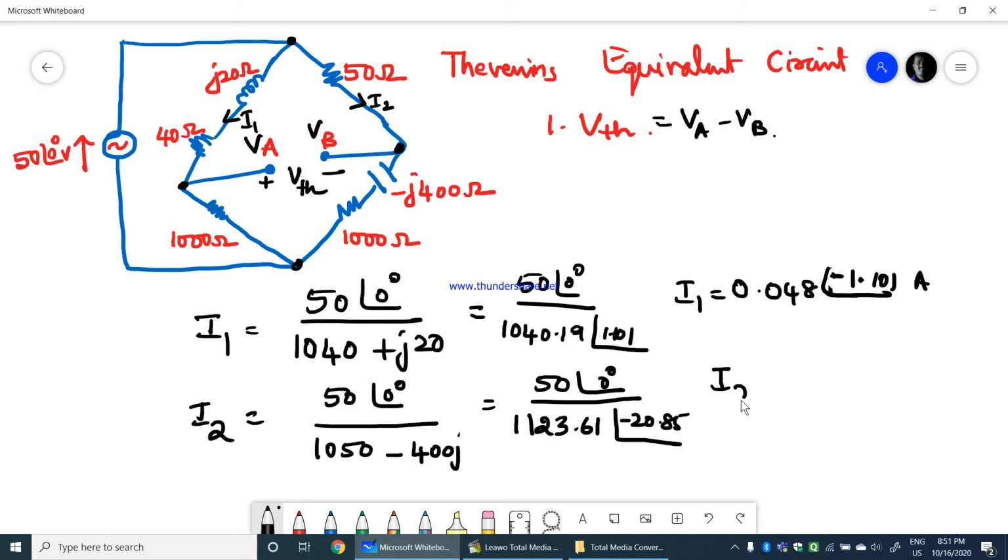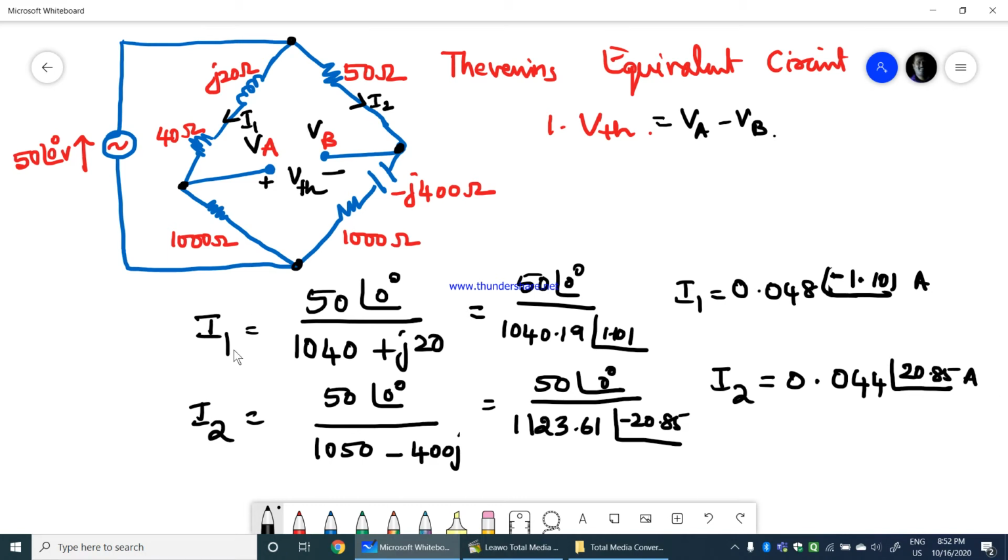Therefore I2 would be equal to 50 divided by 1123.61, which is 0.044 at an angle plus 20.85 amps.